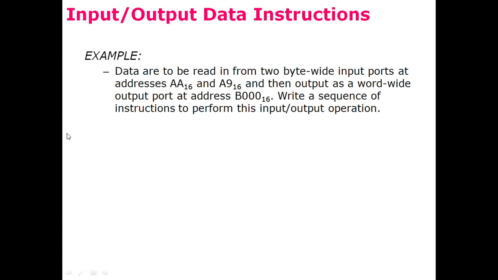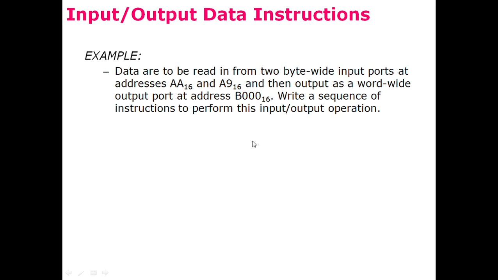Okay, so here the data is to be read from two byte-wide input ports. The input ports have the addresses AA16 and N916. These are two 8-bit addresses in hexadecimal, and the data is then output as a word-wide output port.